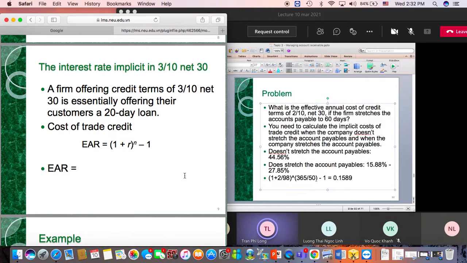Okay, I see. So the result, 15.89 or 15.88%, is okay. What is your name? My name is Ngọc Linh. Okay, Ngọc Linh, thank you.